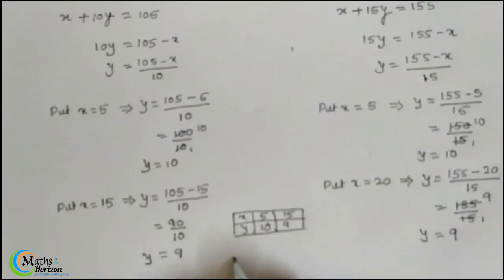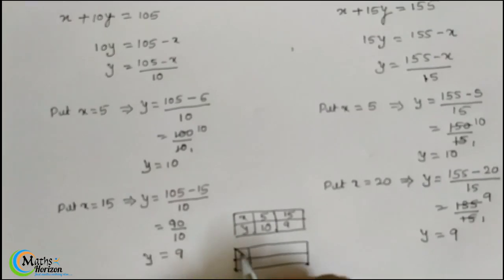Then for the second equation, when x is 5, y is 10. When x is 20, y is 9.